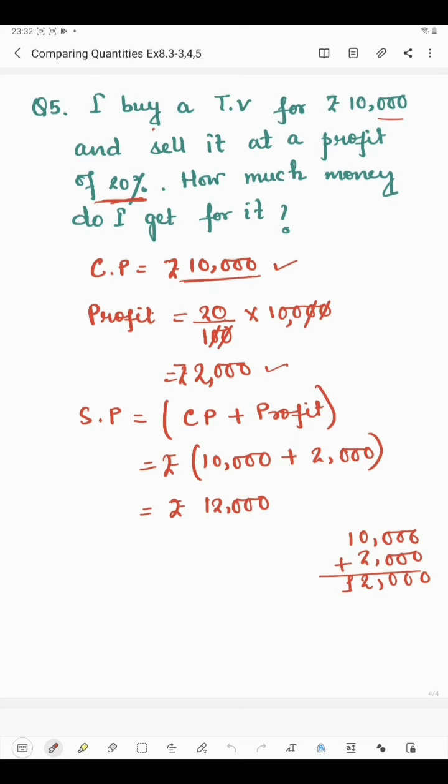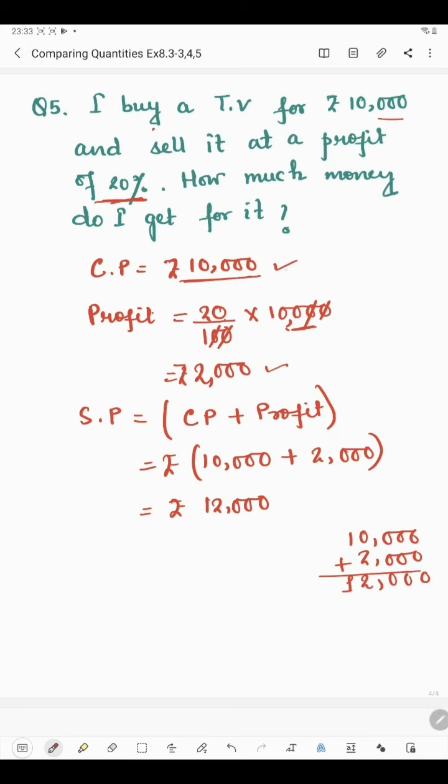For this we have to find how much profit was made. Since 20% is the percentage of profit, 20% of 10,000 will be the profit.